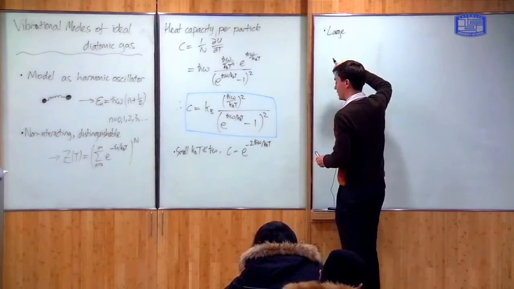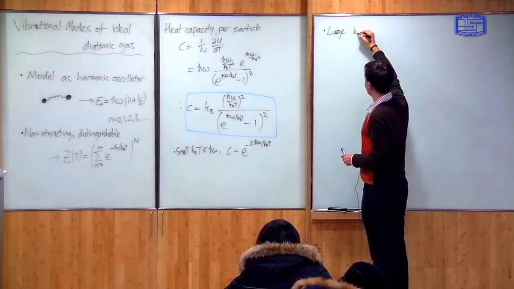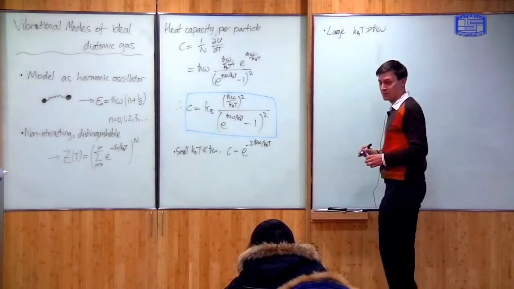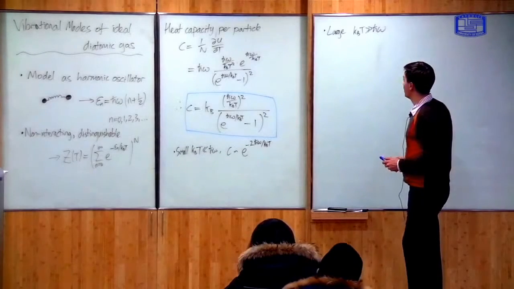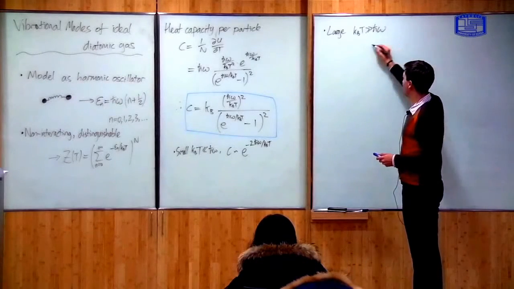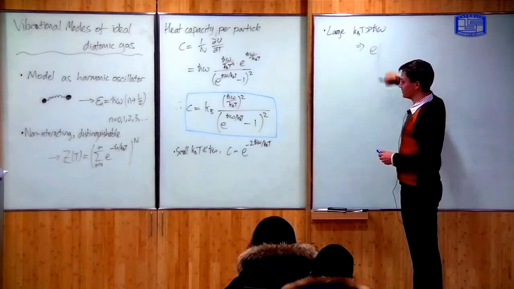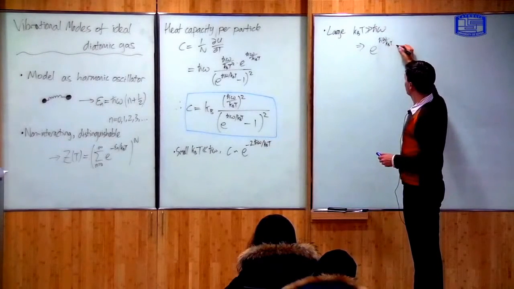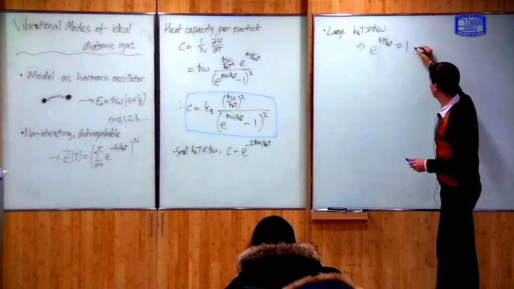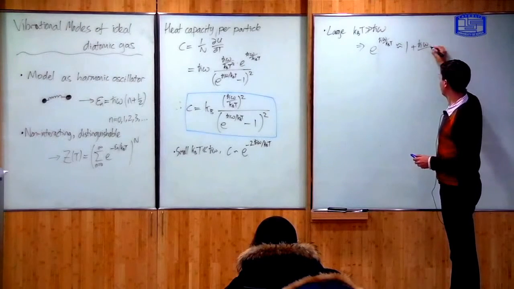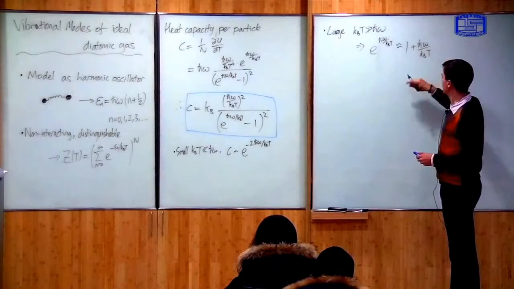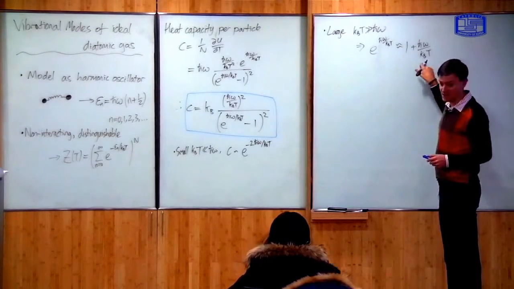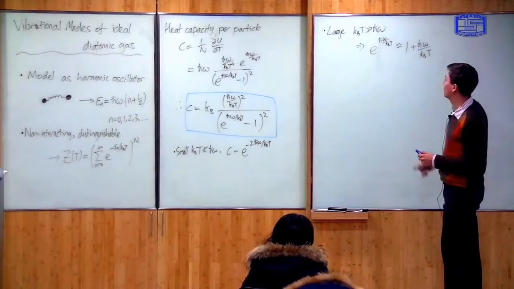We can also look at the opposite limit. If kBT is much greater than h bar omega, then this means h bar omega over kT is a small number. And in particular, this means we can approximate the exponential approximately equal to 1 plus this. This is just a first order Taylor expansion, and this number is small.